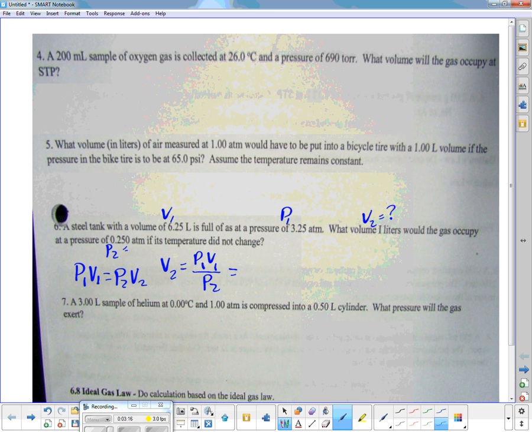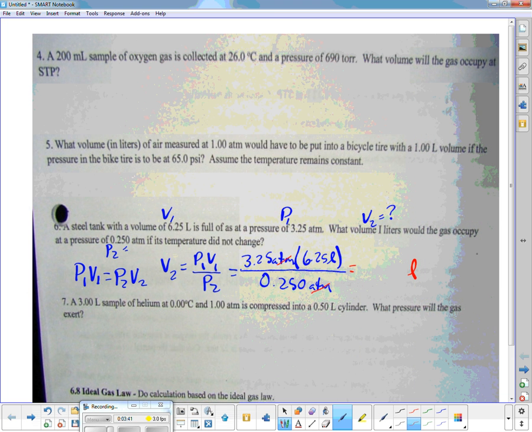So plugging in 3.25 atmospheres times volume, 6.25 liters, divided by pressure 2, which is 0.250 atmospheres. At this point, atmospheres cancel, and we're left with liters. And we have 3 significant figures. So we punch that through, and what do we get?